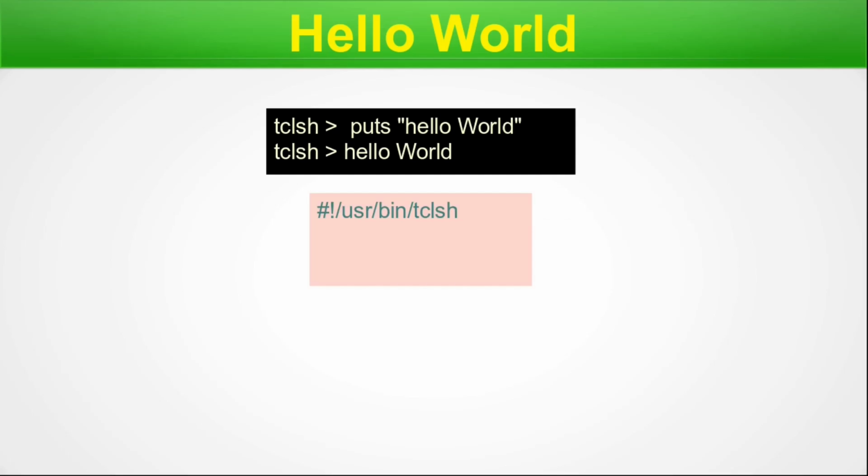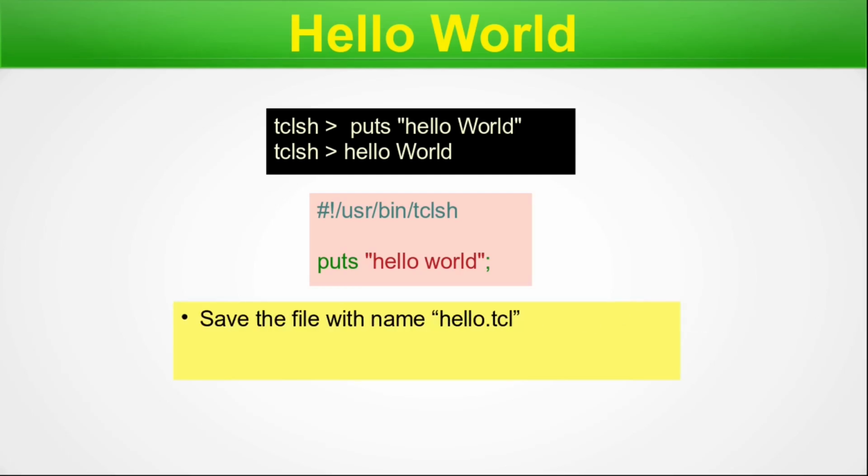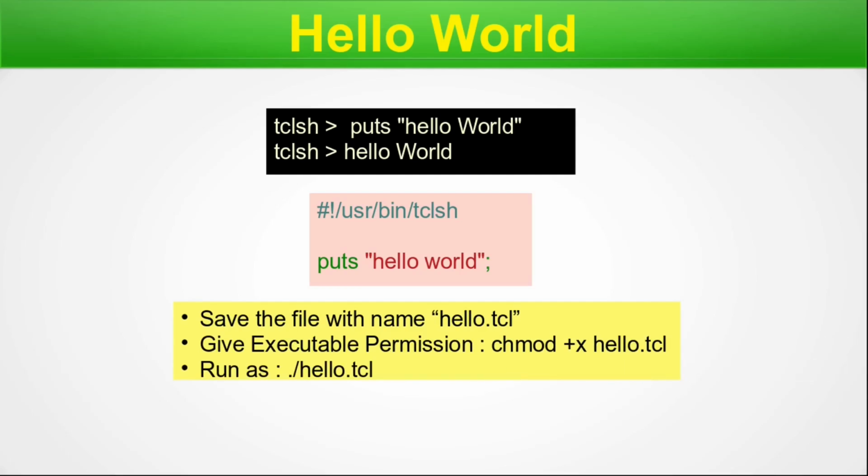This is the path where the tclsh, the Tcl shell, can be found, and puts hello world. Okay, so then I'll come back to this point here. Let's see what we'll do after we have written this in a text file. Save the file with the name hello.tcl. Give it an executable permission by chmod +x hello.tcl, and run it as ./hello.tcl.